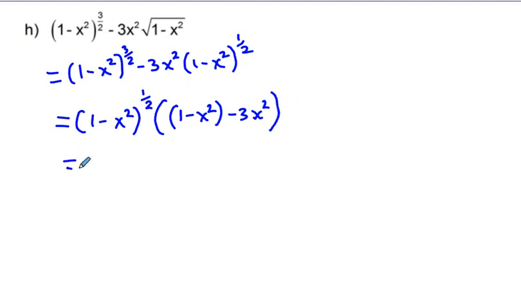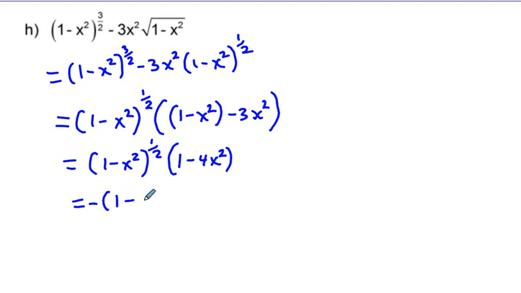So now we can write this as 1 minus x squared to the 1/2 power times, we're going to combine these terms here. We're going to have 1 minus 4x squared, and we can factor out a negative sign here, and we can rewrite this as, bring this negative sign out front, and you'll see why I'm going to do this here.